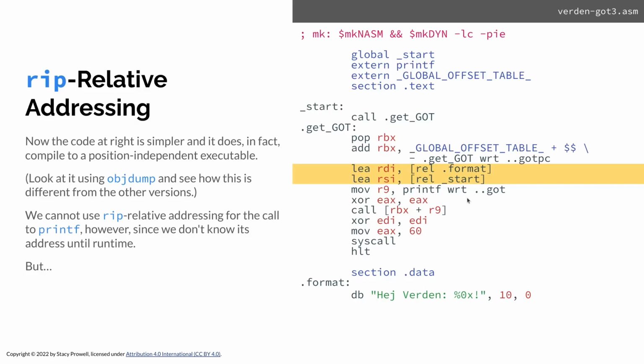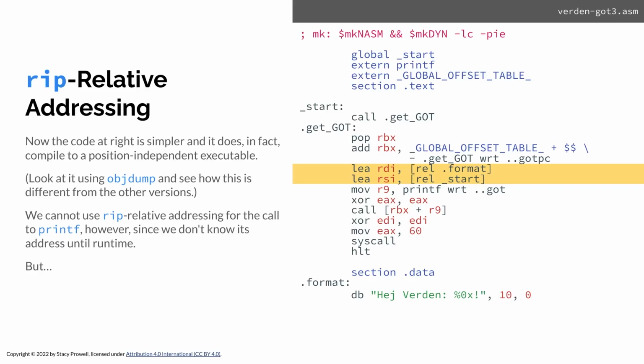If there were just a way to use RIP relative addressing to avoid having to do that, how could I do that? Use RIP relative addressing to avoid that. Well, maybe what I would do, maybe I could load R9 with a RIP relative reference to the GOT entry that holds the address of printf.